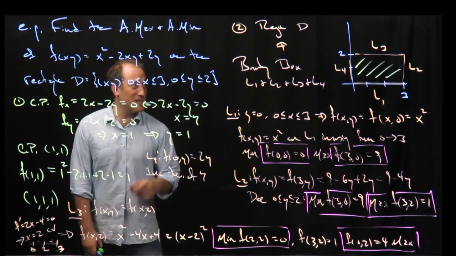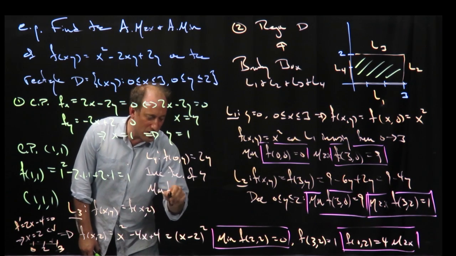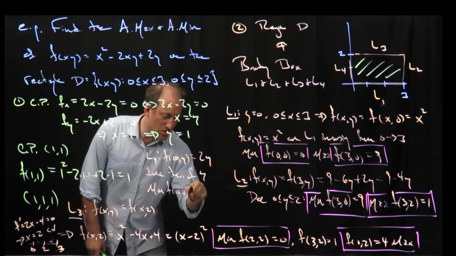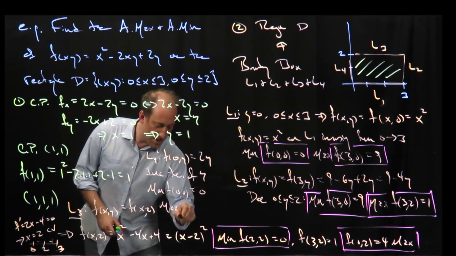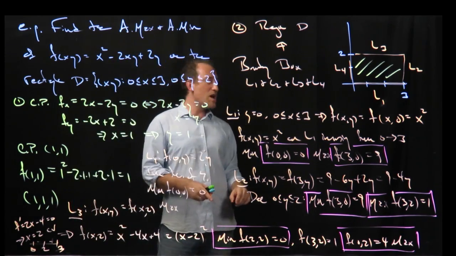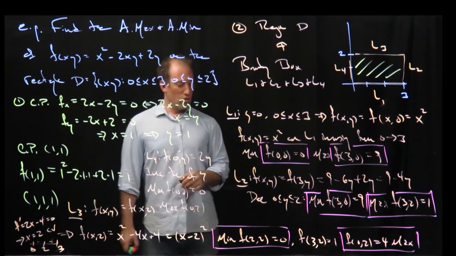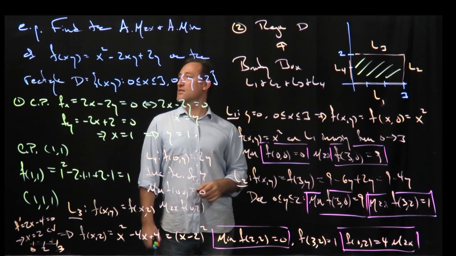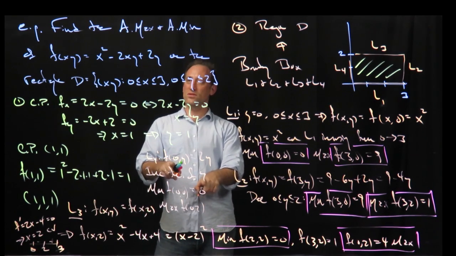So I'll have a minimum at 0, 0, which is 0, and I'll have a maximum at 0, 2, which is 4.